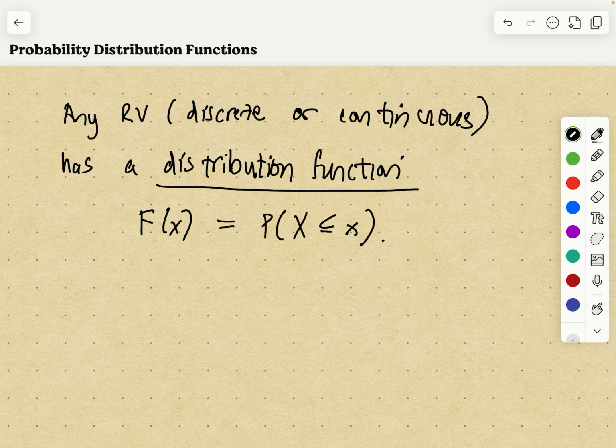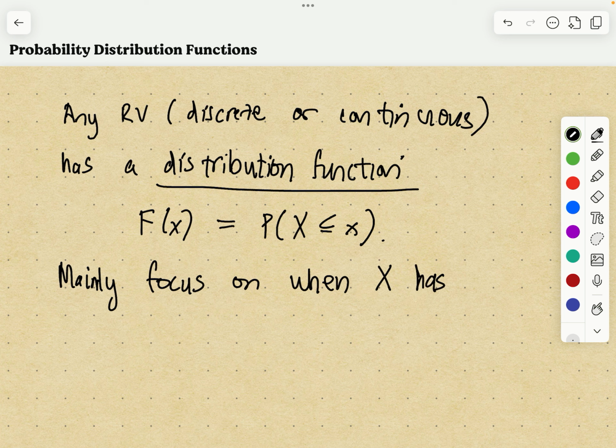And we're mainly going to be focusing on the case when the random variable X is a continuous random variable. Right? Meaning that it takes values over the real numbers, not just integers.